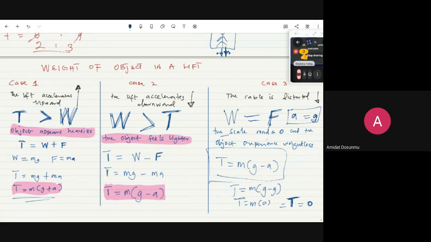Any question on this so far? There are so many theory questions here. Please, can you explain the case 3? Case 3, okay. Apart from that, any other question?